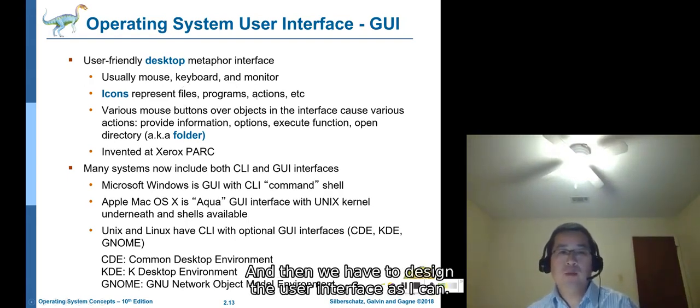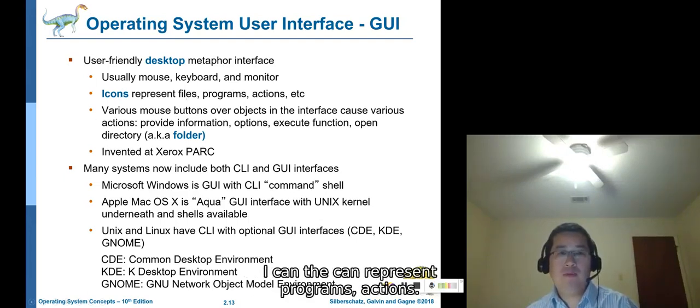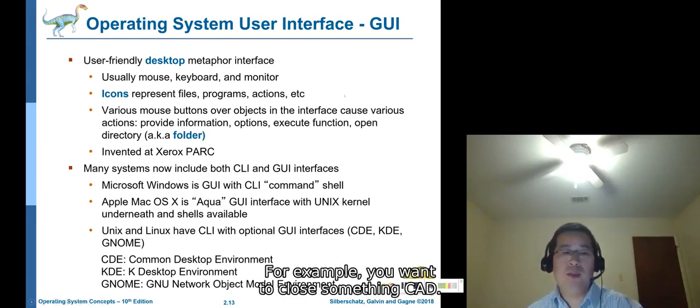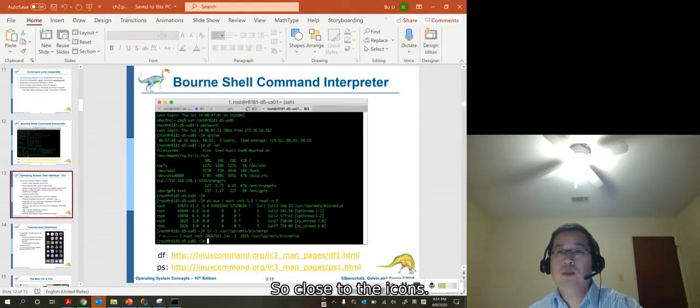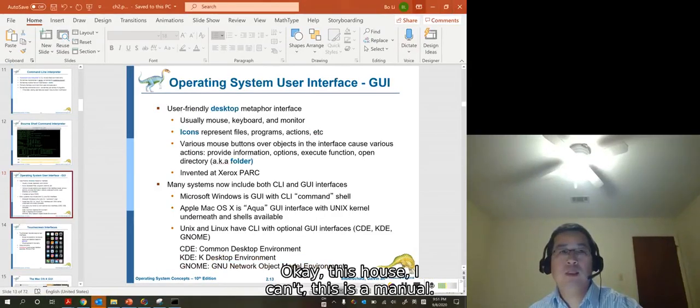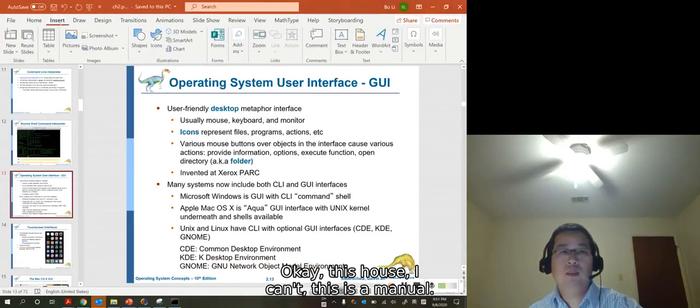And then we have designed the user interface as icons. So the icon can represent files, programs, actions. For example, you want to close something, right? So close, these are icons. Okay, these are also icons. This is a menu, right?